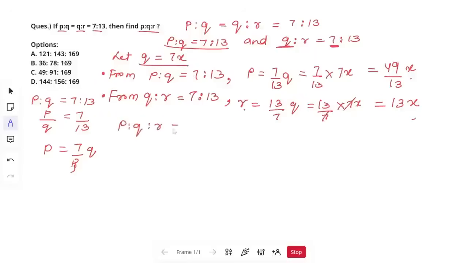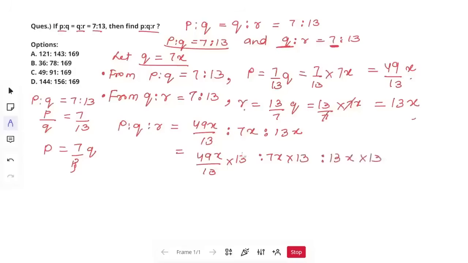So P is to Q is to R can be written as 49x by 13, which is the P value we have got. Next is Q, which is 7x, which we assumed, and the R value we have got is 13x. Now we simply multiply all three values by 13 to simplify further. So 7x into 13 and 13x into 13.